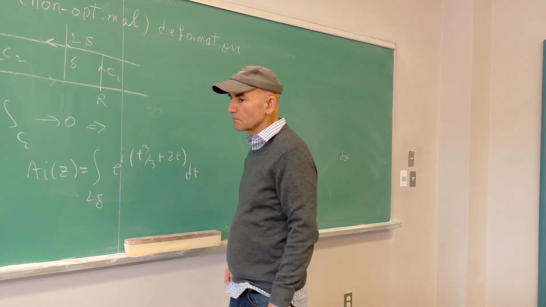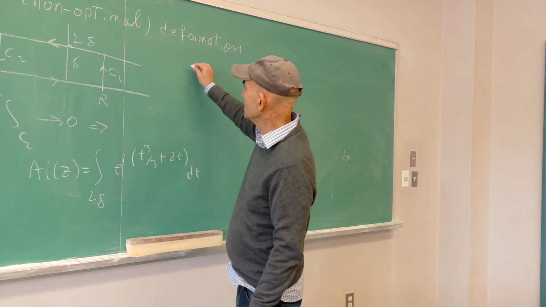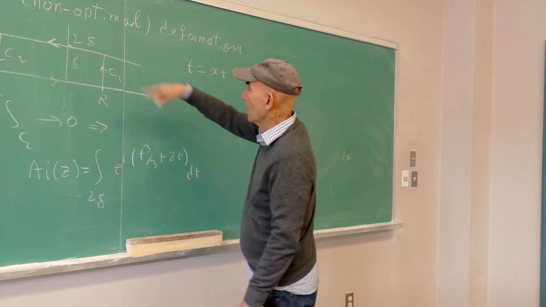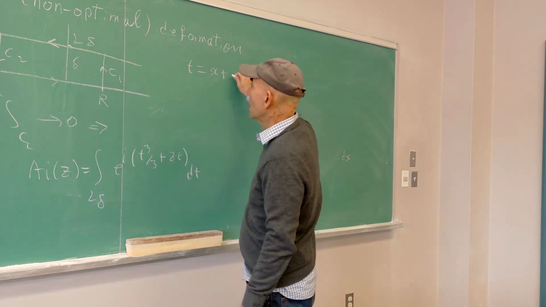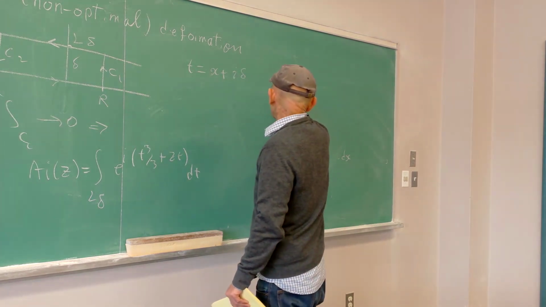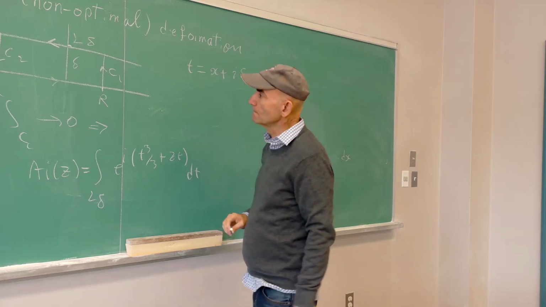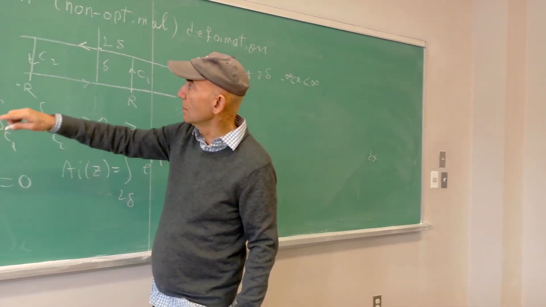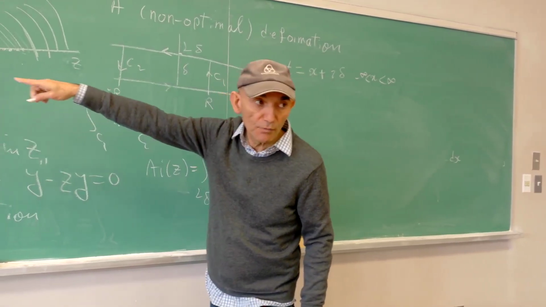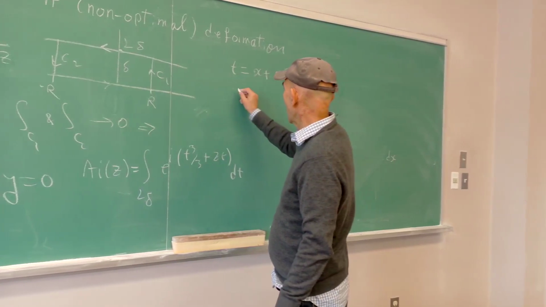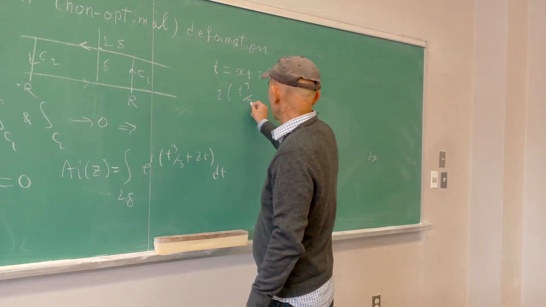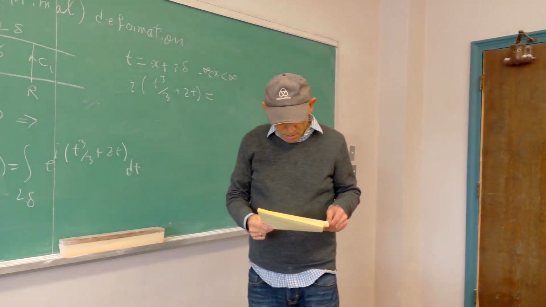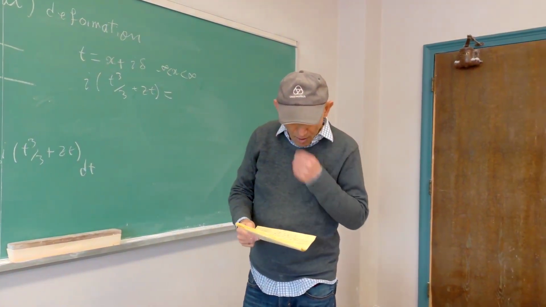If you parameterize this, let's call t equal to x plus I delta, parameterizing the curve above, with x going from minus infinity to infinity. Then I have to evaluate that cubic term: I times (t cubed over 3 plus zt) is equal to, okay, I have to calculate that now.